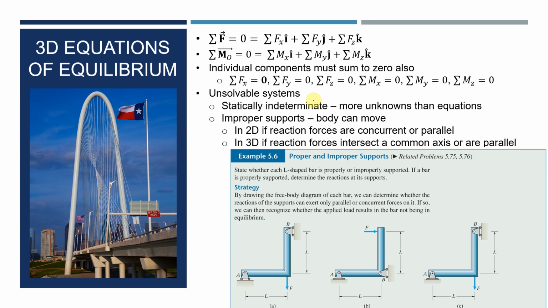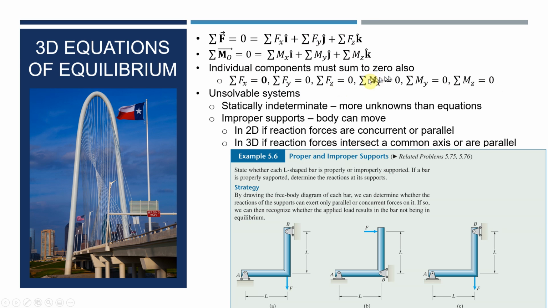Okay, 3D equations of equilibrium. So the sum of the forces has to equal 0. The sum of the forces in the x direction has to be 0. The sum of the forces in the y direction has to be 0. And the sum of forces in the z direction has to be 0. That's expressed here.